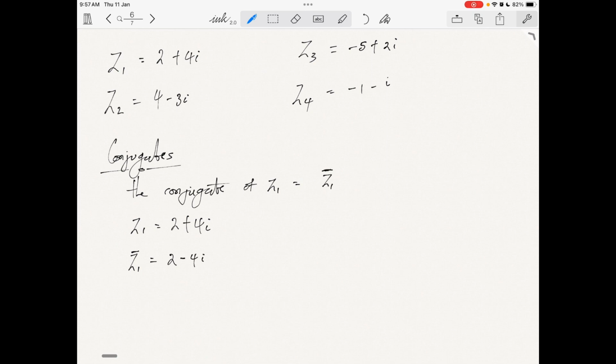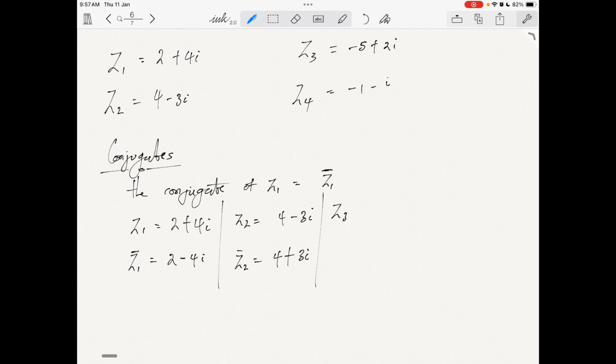All we are changing is the sign of the imaginary number. If it is negative, we change it to positive. If it is positive, we change it to negative. Now, z2 is equal to 4 minus 3i, so the conjugate of z2: the sign here is negative, and it will become positive, 4 plus 3i.